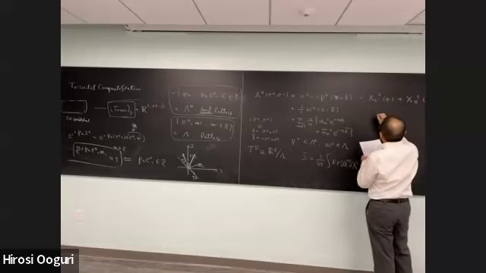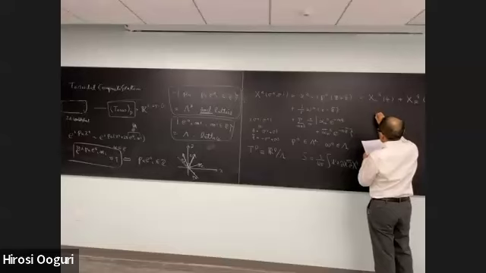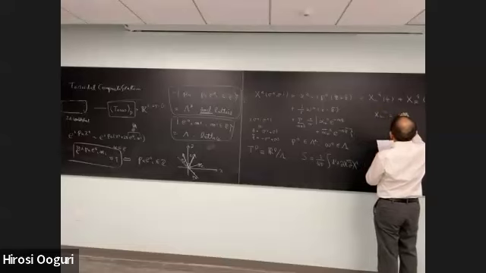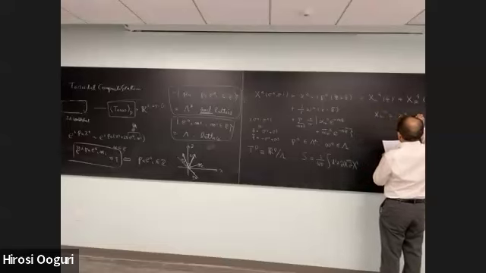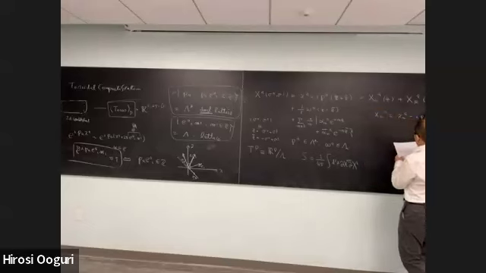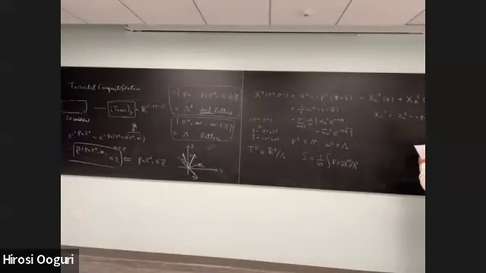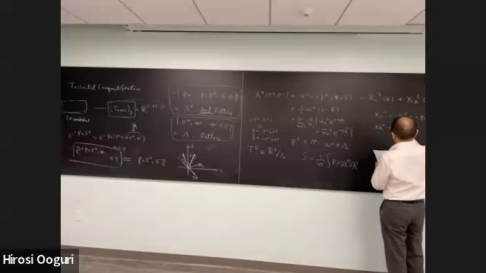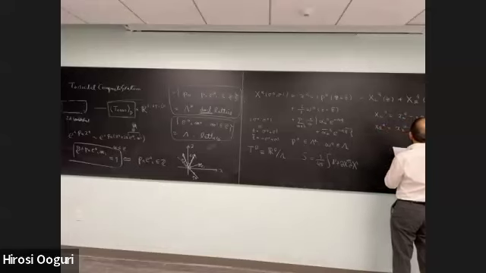Where, for example, the left moving mode is equal to x_L^a minus i p_L^a z plus excitation. And then the right moving mode is the zero mode for the right moving part.